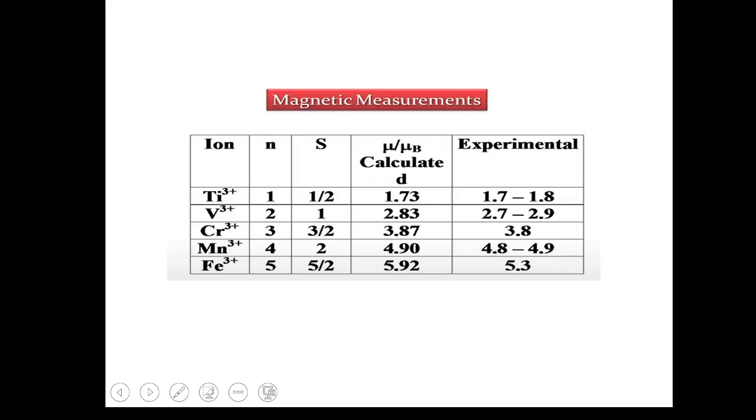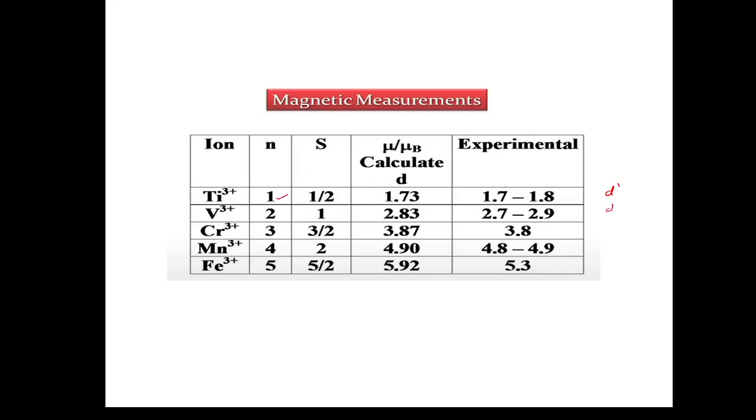If we have titanium 3 plus, vanadium 3 plus, chromium 3 plus, manganese 3 plus, and iron 3 plus in high spin complexes, how many unpaired electrons do they have? Titanium is d1, so it has one electron.